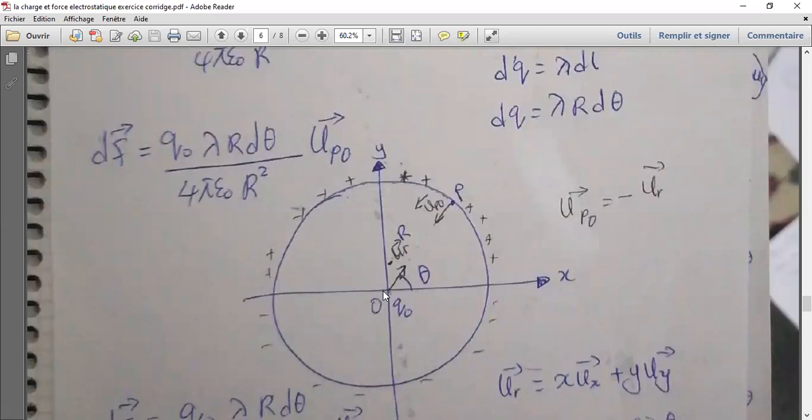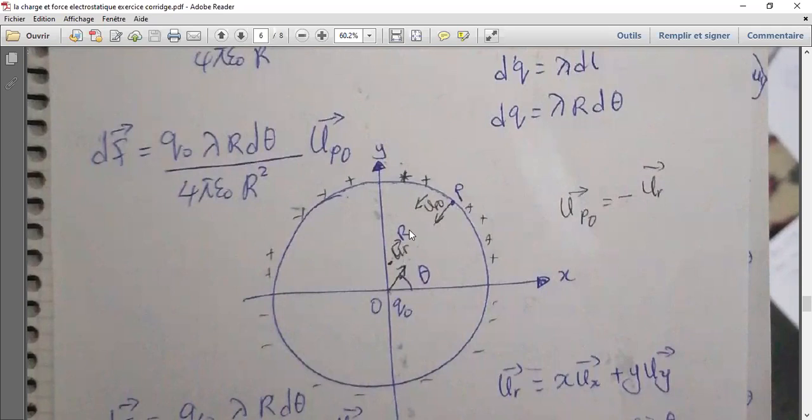For polar coordinates, a vector always moves from the center O going outward. If you remember polar coordinates, the vector which represents the radius always goes from the center outward, usually written as U rho.